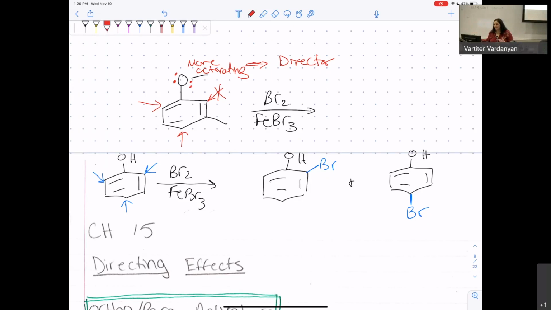Theoretically, there's 3. But in reality, how many will be substituted? 2. So if he says the word theoretically in the question, you count all 3 of them. If it doesn't say theoretically, it's only 2. I hate that question so much. Just know if he says theoretically, you count the one that you cross out. If he doesn't say theoretically, you don't count that one.